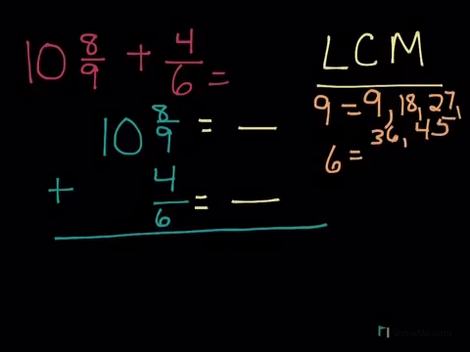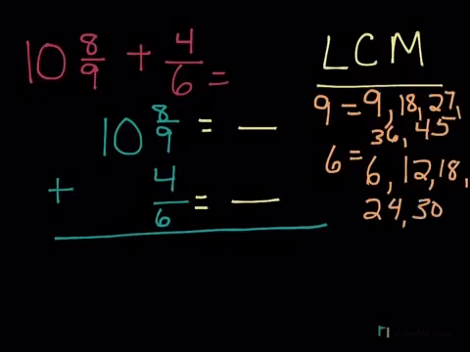Now I'm going to count by 6's, starting with 6, 12, 18, 24, 30. Now that I've listed my multiples, I'm going to see if they have any in common. I see 18, and that's it. So my lowest common multiple is 18. So I'm going to write that for my common denominator.